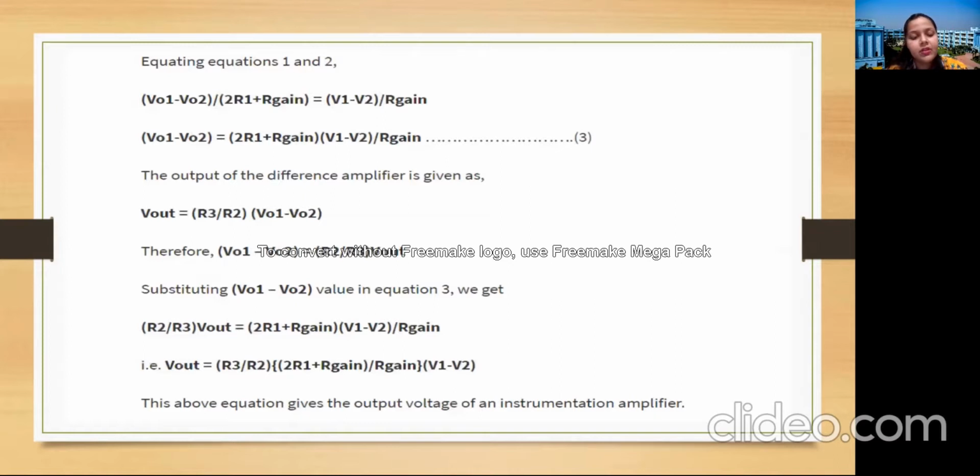Here you can see that the difference of the 2 op-amp outputs, that is V01 minus V02, has been calculated, and ultimately the output, Vout, has been obtained, which is proportional to the difference between V01 and V02.